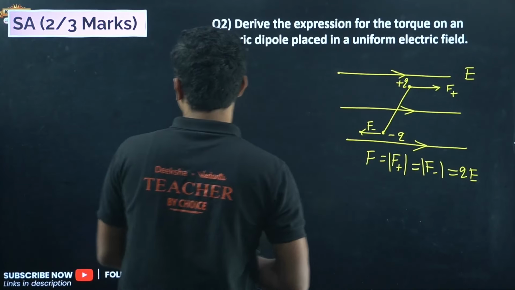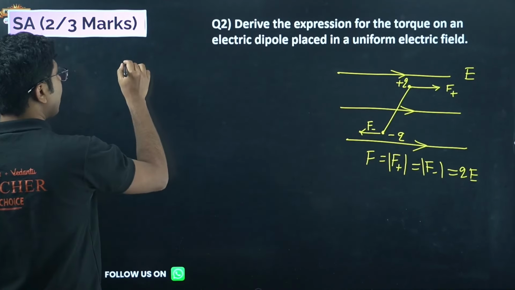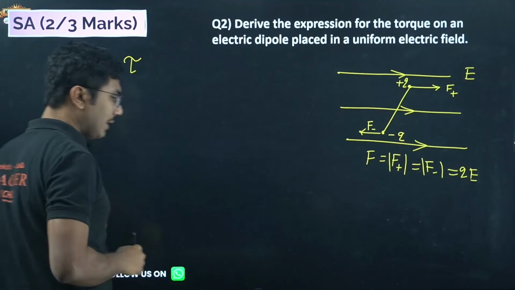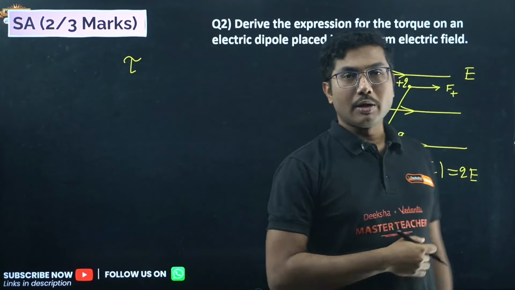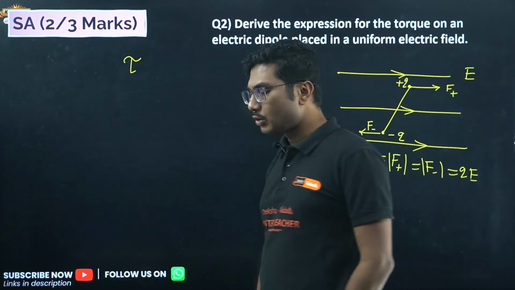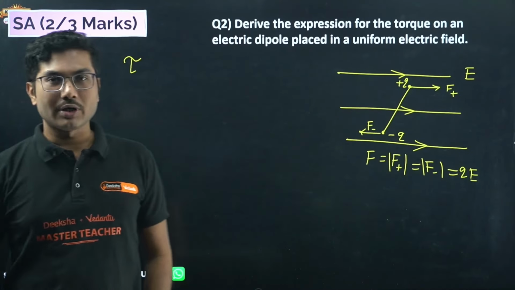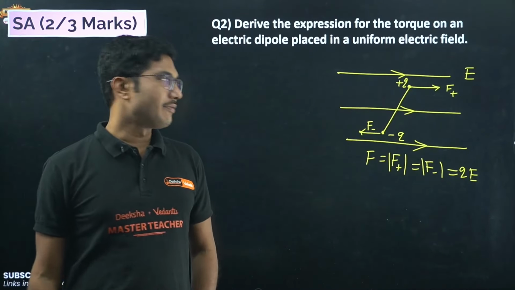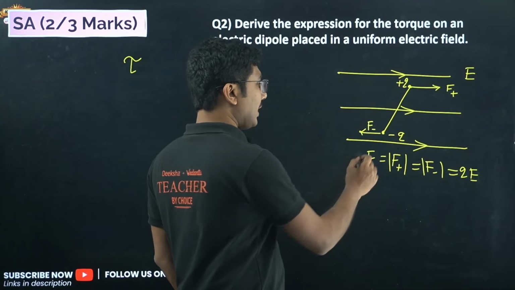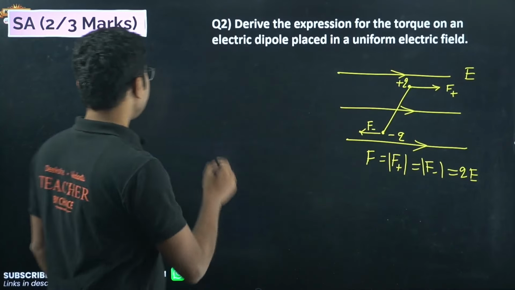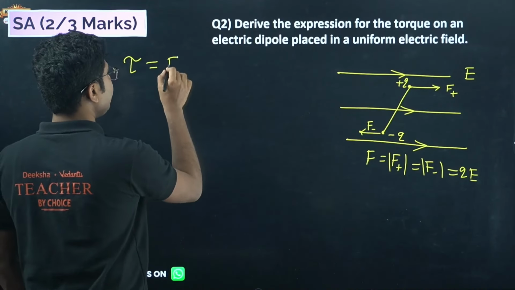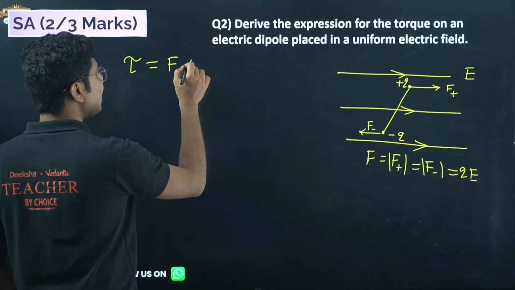Now what is torque? If you go back to your PU1 concept a little bit, in PU1 you have learned that torque is when two equal and opposite forces act on a body. The torque is given by the magnitude of any one of the forces times the distance between the forces.